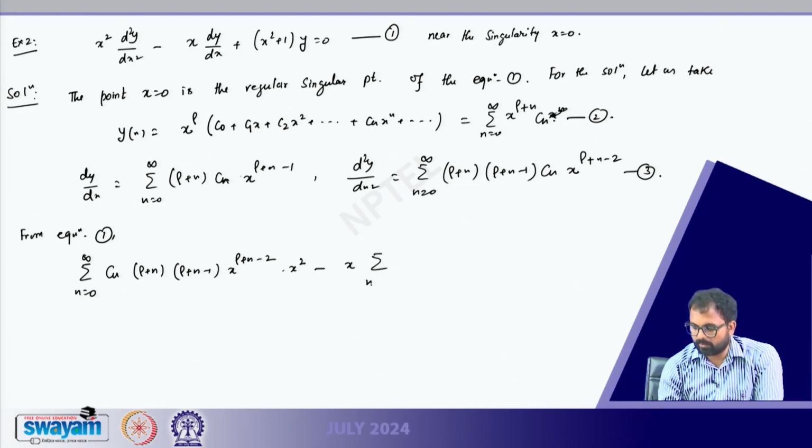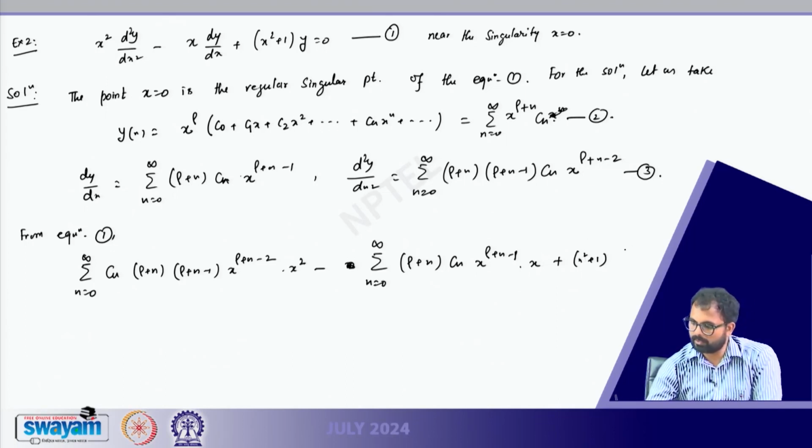So summation n running from 0 to infinity, we will have (rho plus n) c_n x to the power rho plus n minus 1, put x here, and plus x square plus 1, we will have y. So y is summation n running from 0 to infinity x to the power rho plus n c_n equals to 0, right.